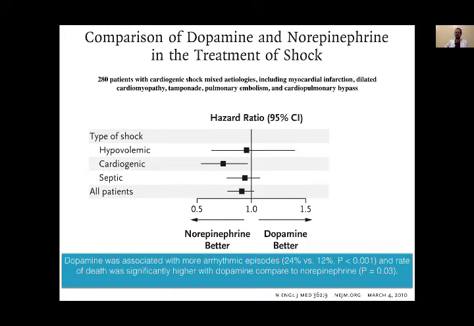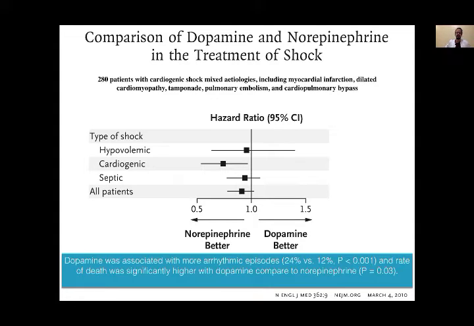Getting now to the evidence from the few, I have to say, randomized trials that have been run in the literature in the last 10 or 15 years. There's the one that you all know, one of the first studies randomizing catecholamines in patients with undifferentiated shock, dopamine versus norepinephrine, with a population of 1,600.